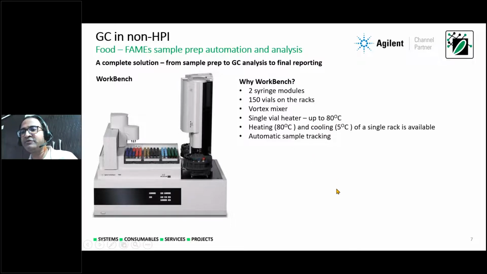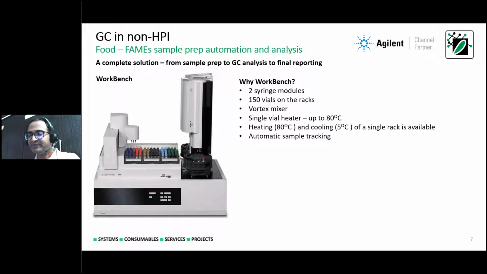So if we have to do a derivatization, for example using BSTFA, you can tell the workbench that from this particular sample, transfer some into another vial.